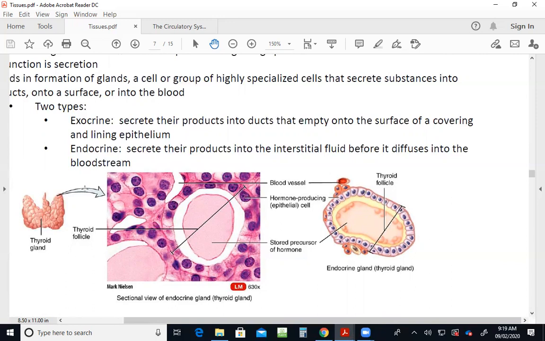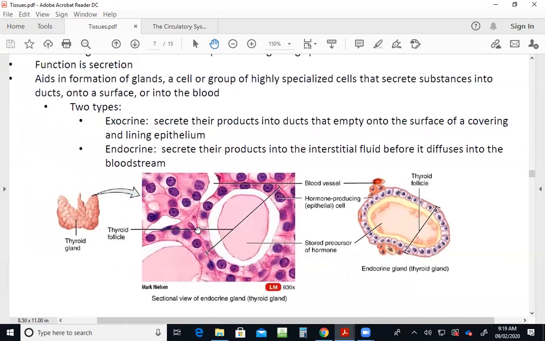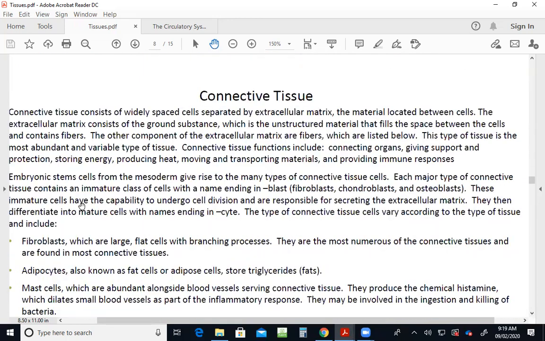So it diffuses into the blood and then gets carried far away in a lot of cases. Here's an illustration to show what the inside of the thyroid gland looks like. Really, it's no different looking than what we saw with simple cuboidal. So kind of a tricky one, but that's what glandular epithelium looks like.